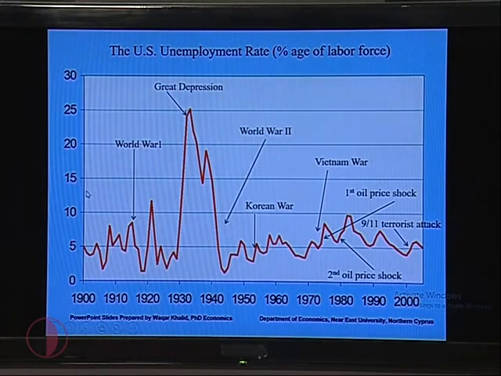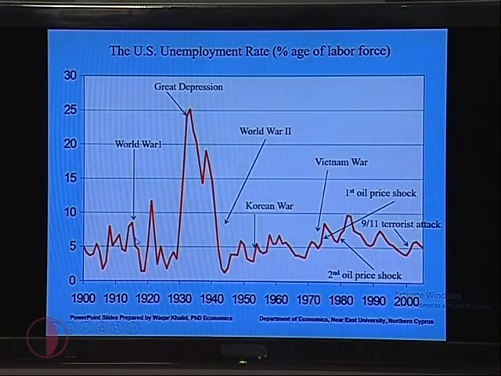On the horizontal axis, we have different periods. This is the historical performance of the US economy for the last century, from 1900 to 2000, and this is the unemployment rate graph.